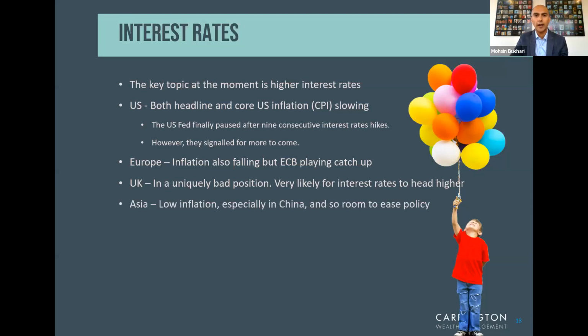Asia, on the other hand, is seeing low levels of inflation, particularly China, which is almost back to year-on-year inflation at 0. Their interest rates are at about 3.5%. So they have room to ease policy, and it's widely expected that given the economic data that we're seeing from China, which is generally quite weak, they are going to continue to stimulate their own economy.